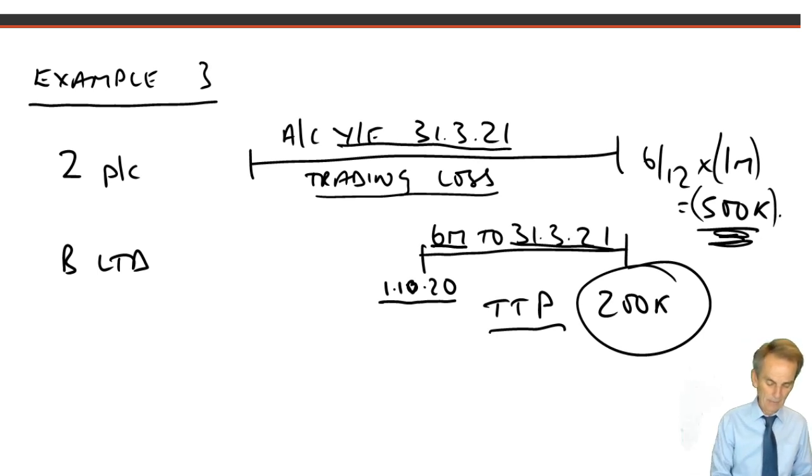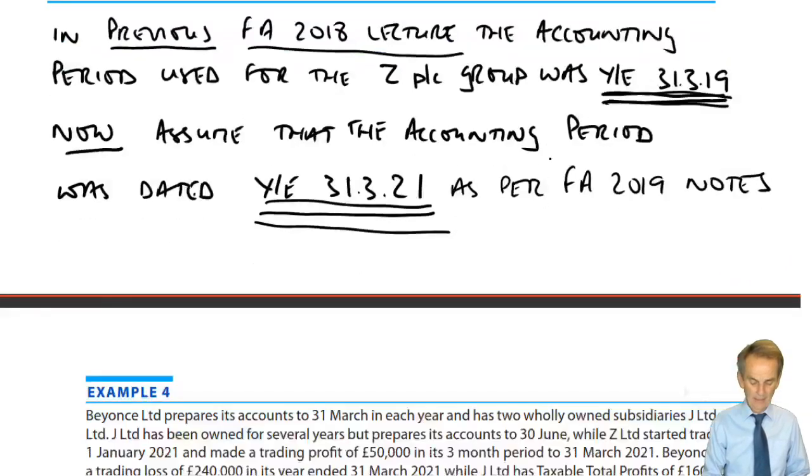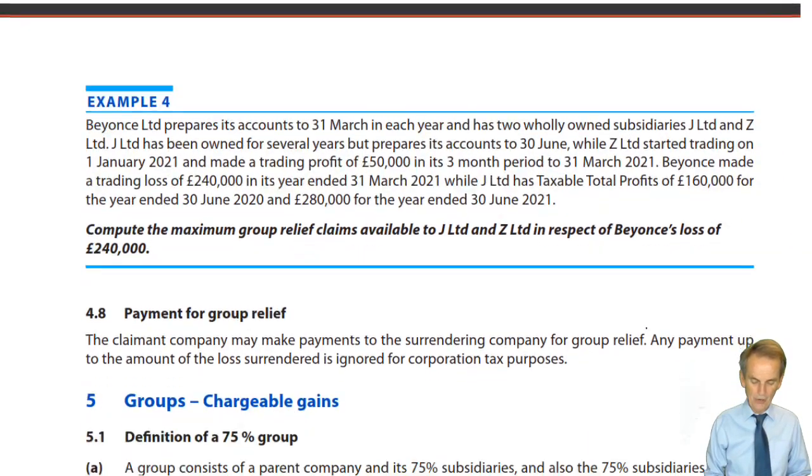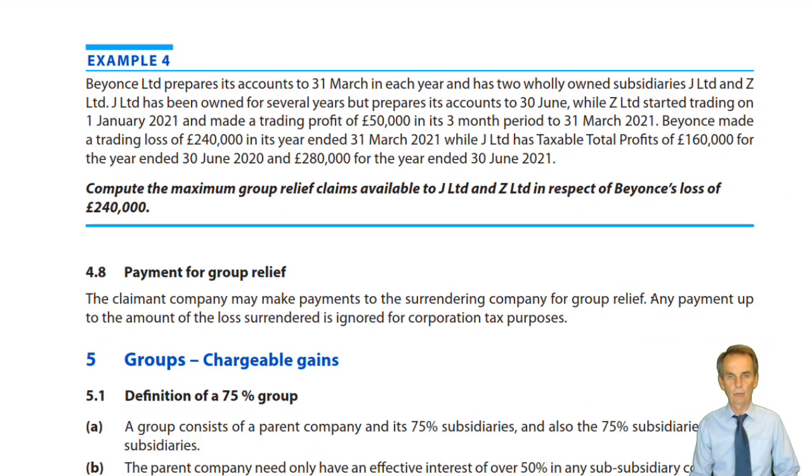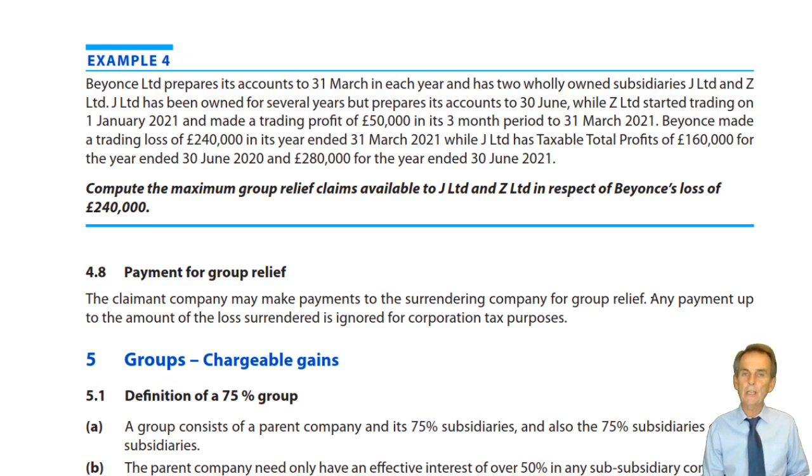If we now go back to our notes and we see what is a rather more challenging example 4. So what I'd like you to do just for 1 minute is to review through the information in example 4 and try to draw up your timeline. What you're going to discover here is that one company within the group is a loss maker.